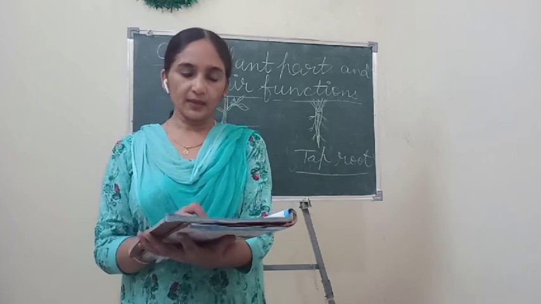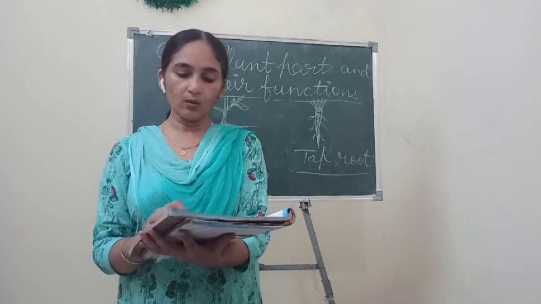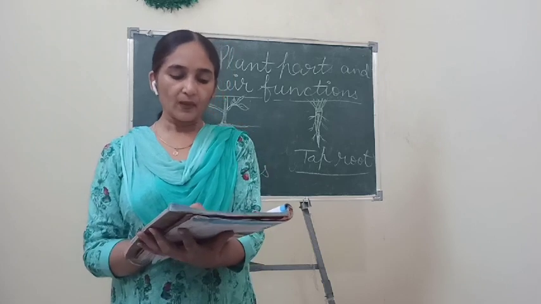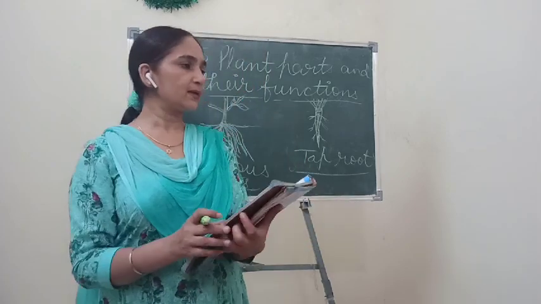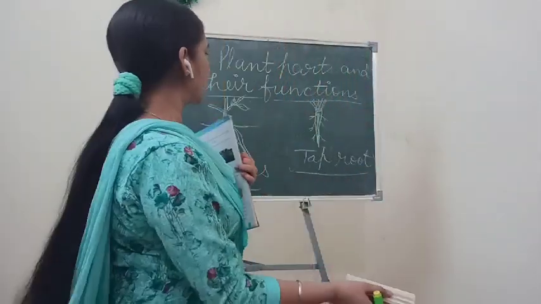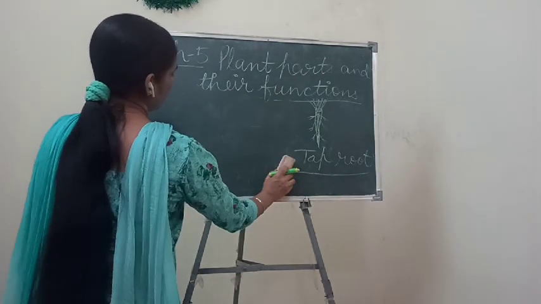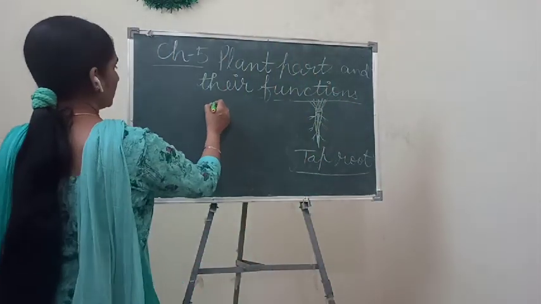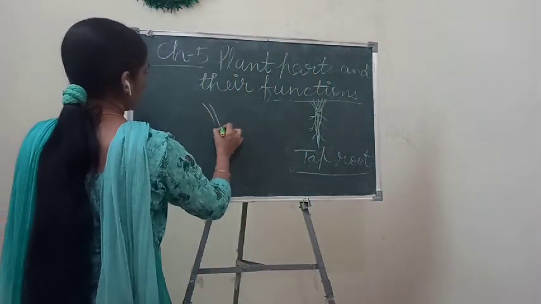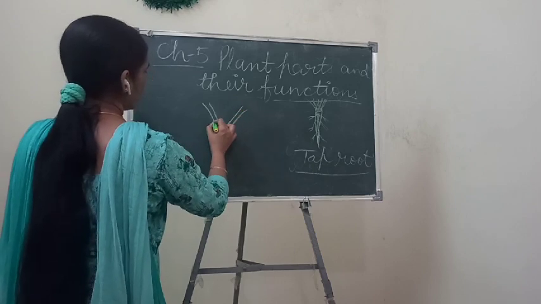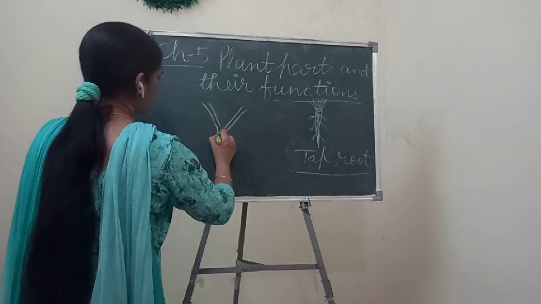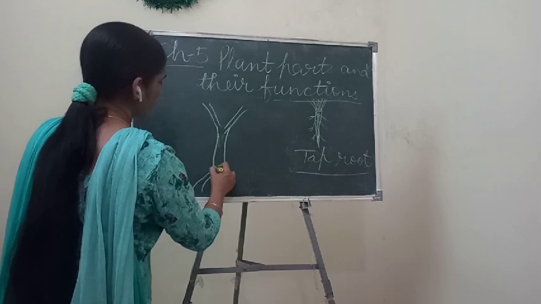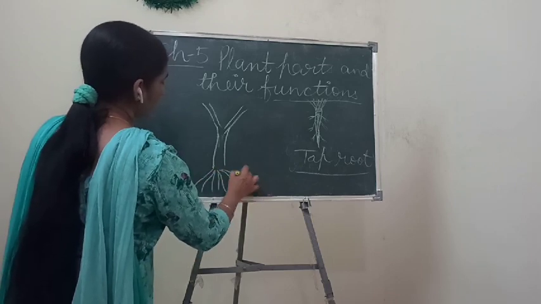Stems are of many types. Trees like mango and neem have a thick brown woody stem called the trunk. You know that big trees have a strong, thick stem. Suppose this is a kind of tree and it has a thick stem, and these are some roots which originate from this part.